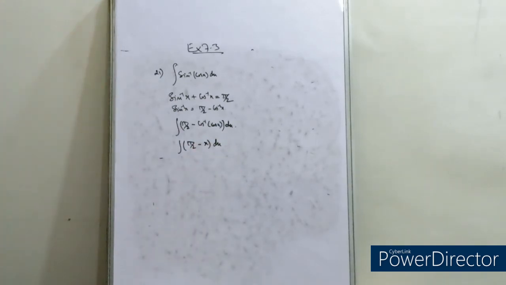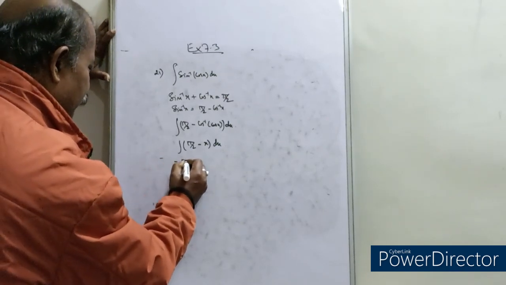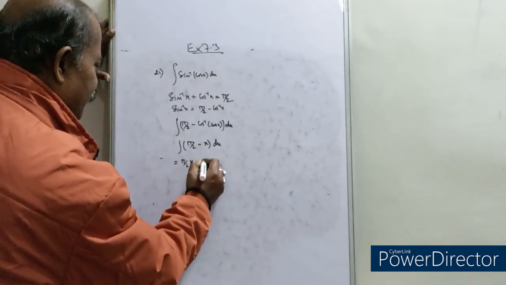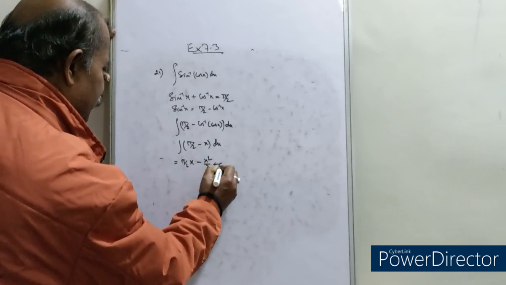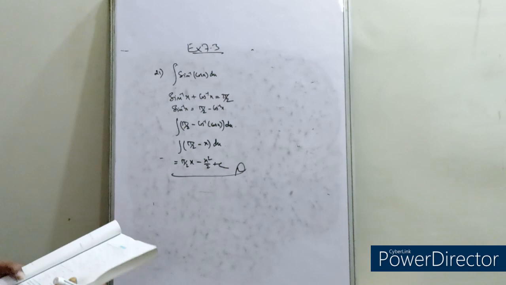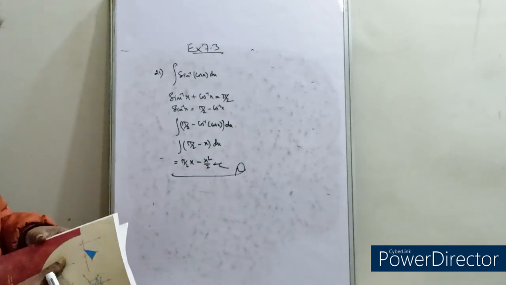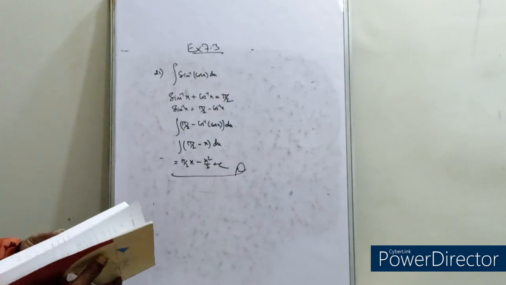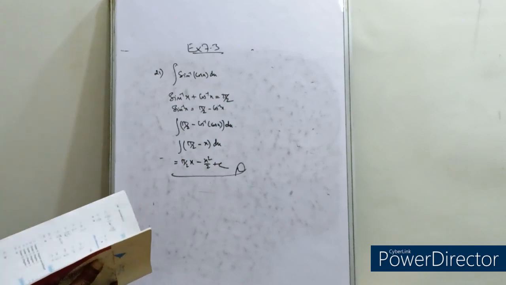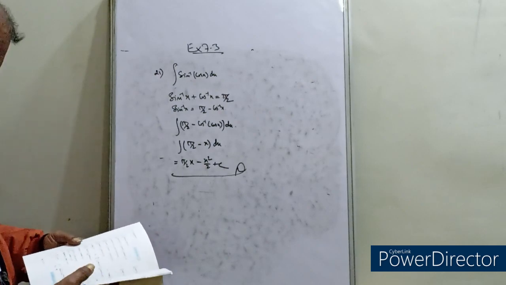So now everything is clear. This is pi by 2 x minus x square by 2 plus c. So this is your answer, question number 21. Let me see the answer. 7.3, question number 21. It is correct.